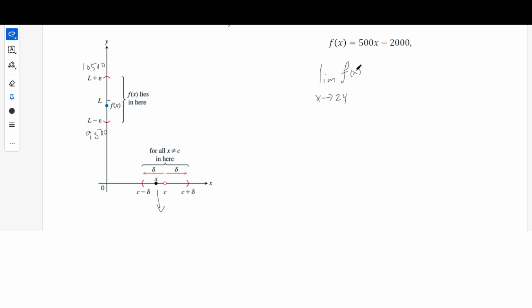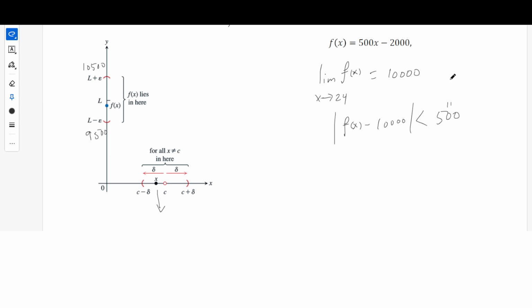We already know for how many customers this function would hit $10,000 profit, and I did show you that calculation. So when x is very close to 24, the value of this function becomes 10,000. That is the limit of the function. Okay. Now, according to the epsilon-delta definition, your boss allows you to have a margin of error of $500.